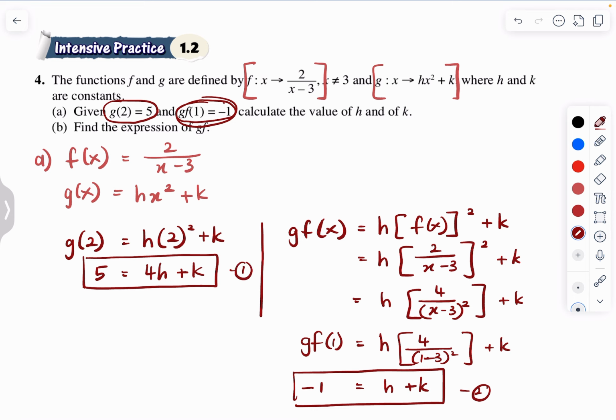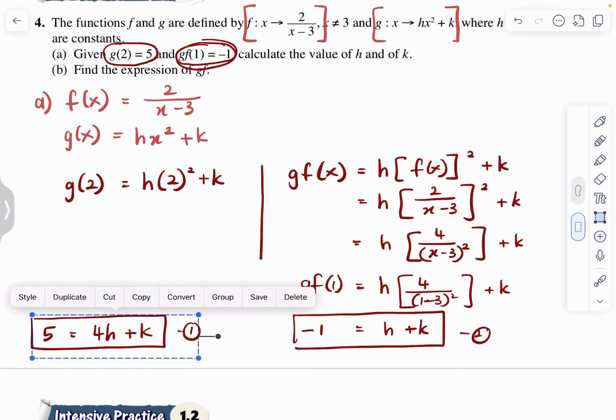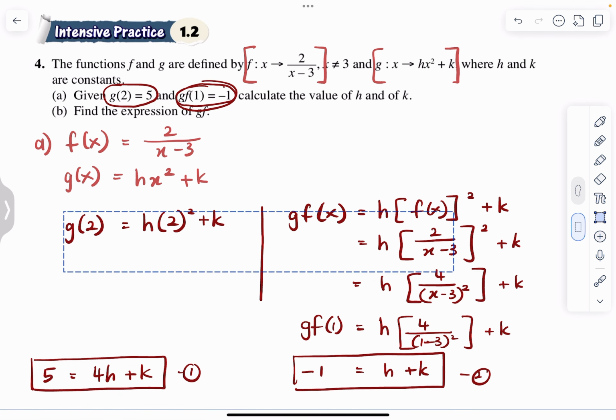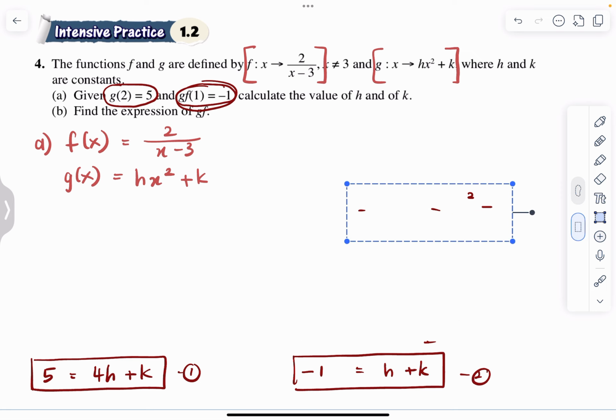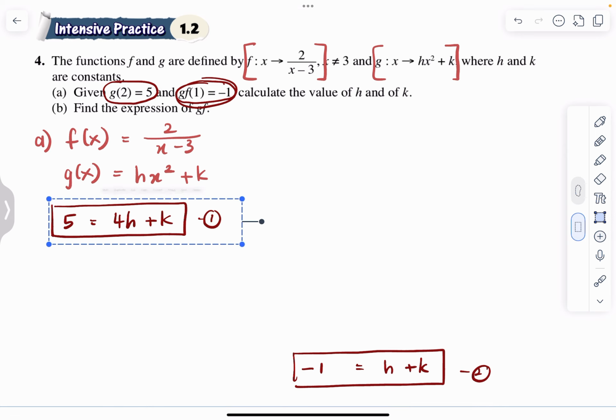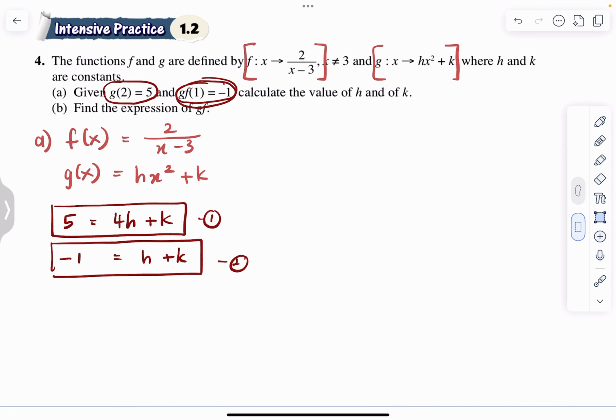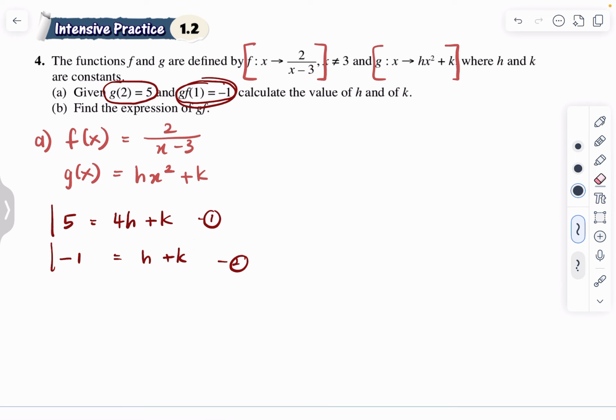Okay, so let's solve this simultaneously to find the value of h and k. So we have k and k.